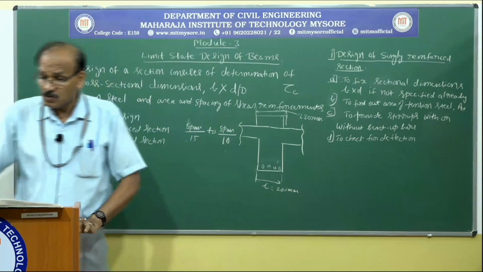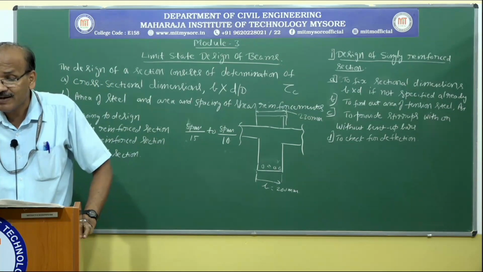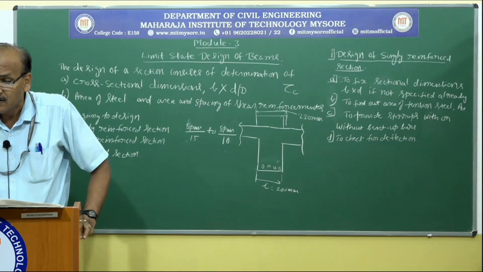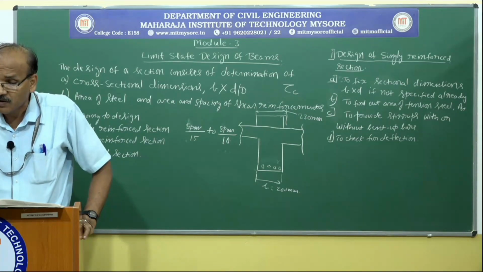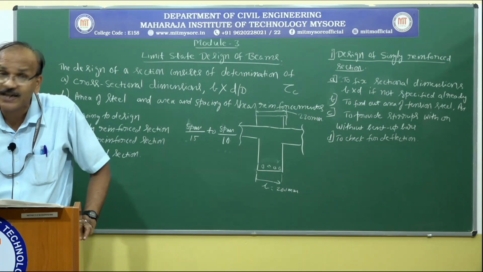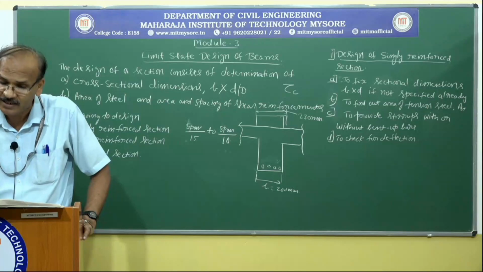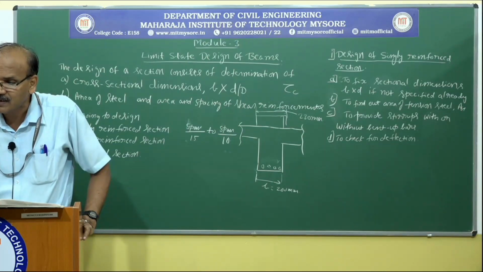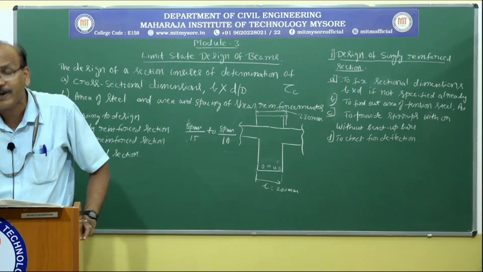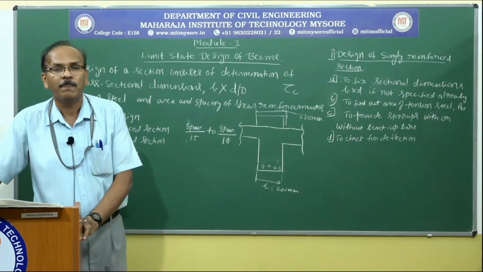I am going to read out what is given in 23.2.1 on page number 37. It says the vertical deflection limits may generally be assumed to be satisfied, provided that the span to depth ratios are not greater than the values obtained as below.